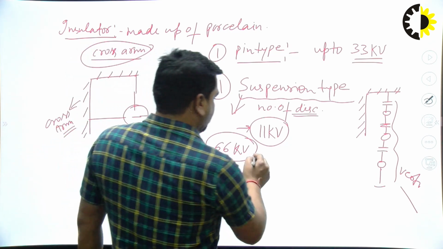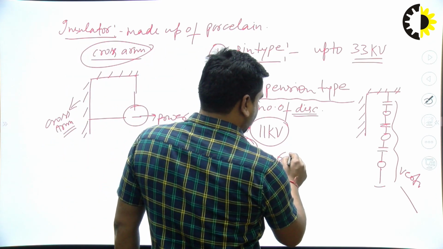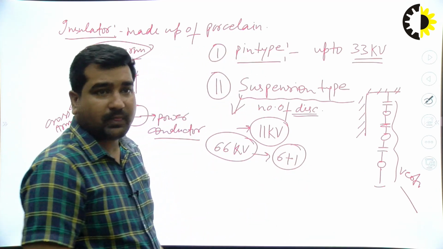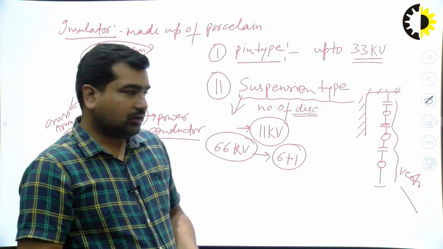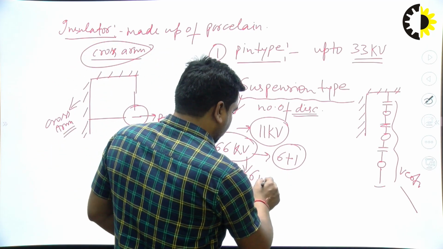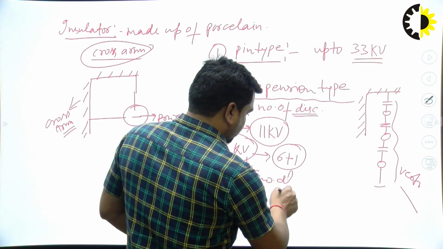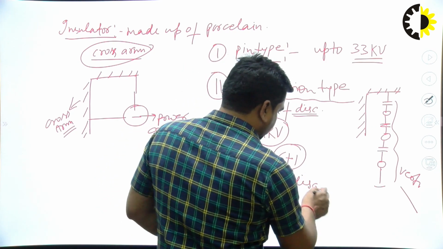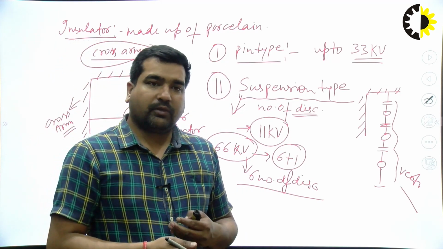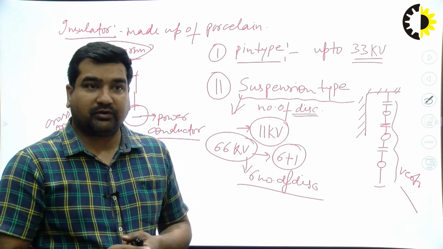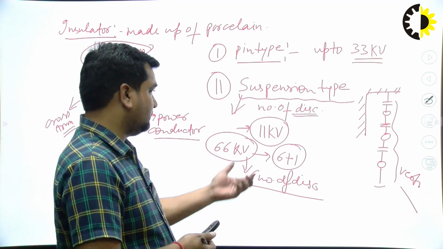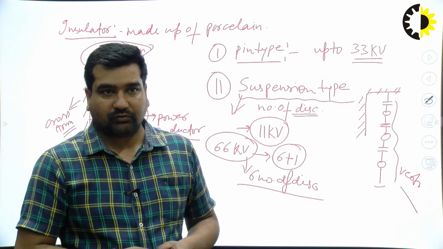Then we have to use 6 plus 1 discs; the plus 1 is for security purposes, but we need only 6 discs. The number of discs depends on the voltage, and one disc on average belongs to 11 kV.